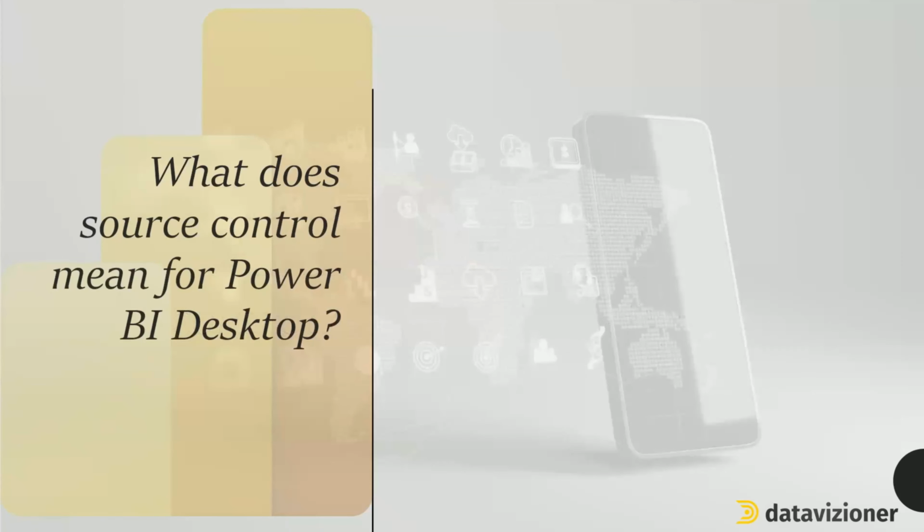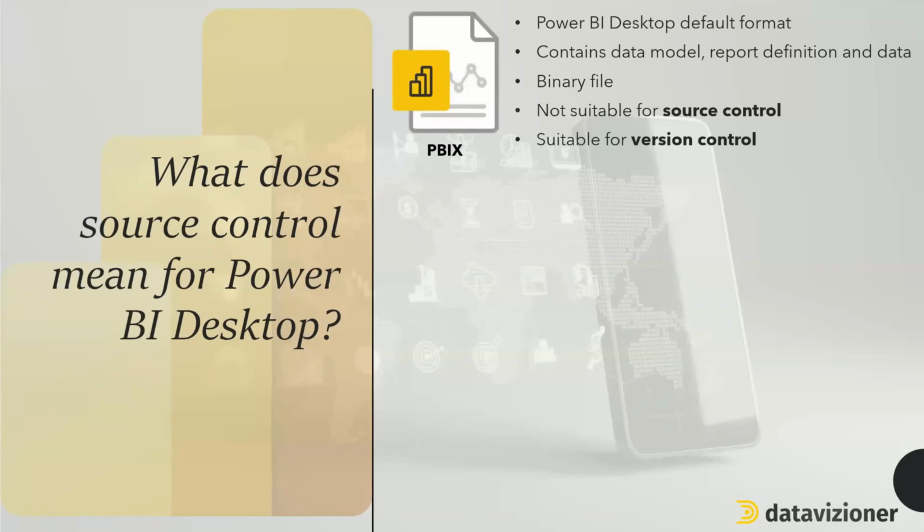But let's see what source control means in Power BI, for Power BI Desktop. Power BI Desktop, as you all know, is a free desktop application that you can install on your machine, and you can create different reports and data models and publish them later into Fabric. This specific tool generates some file formats.